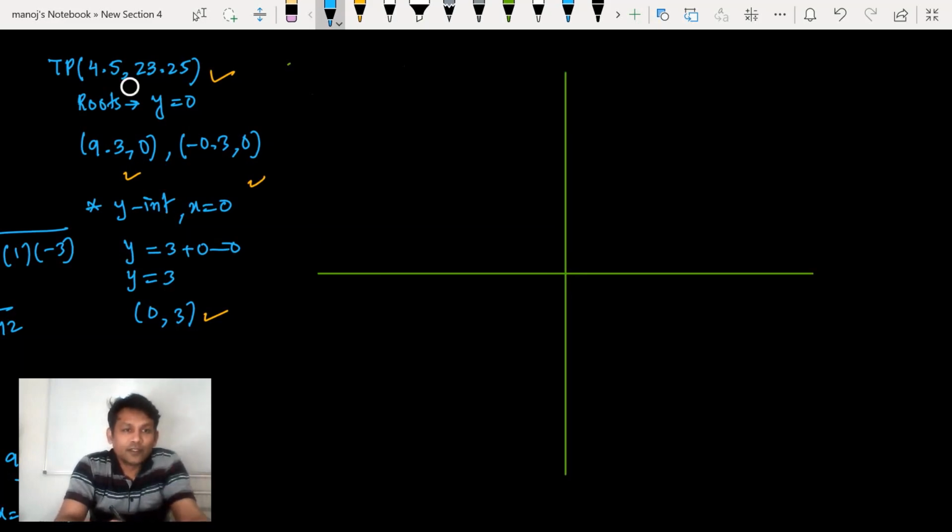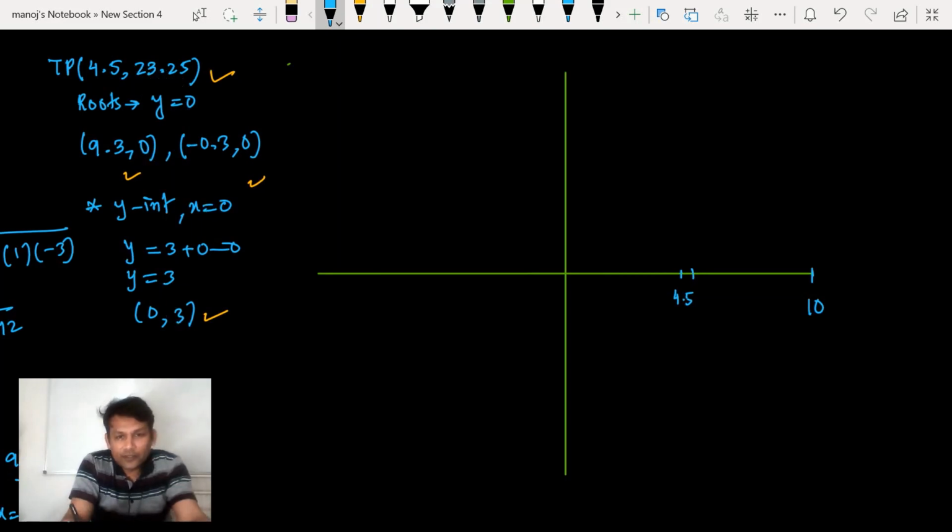let's start. Turning point, x maximum is 4.5. Okay, 9.3 is the maximum x. So I can suppose this is x is 4.5, okay, and this is 10 and 5 is here. So the 4.5, I want a little bit here. This is 4 because I want 4.5, so I'm writing 4.5, and y is 23.25.